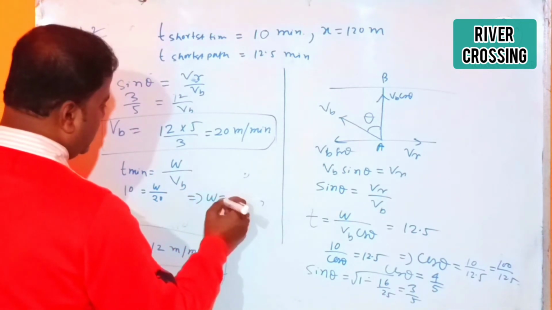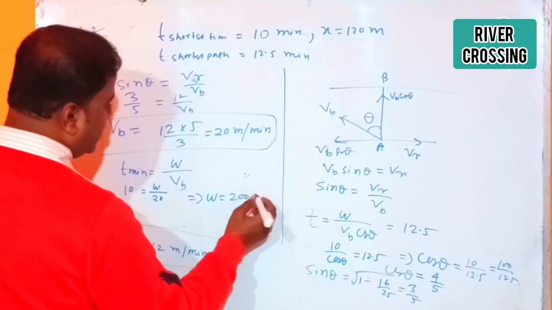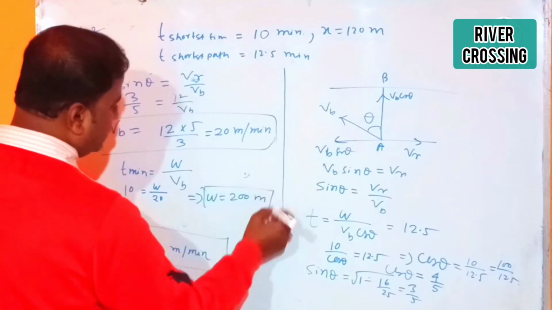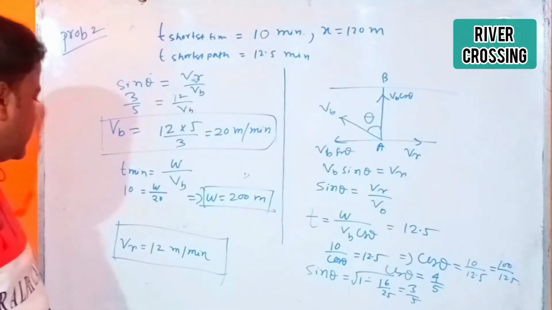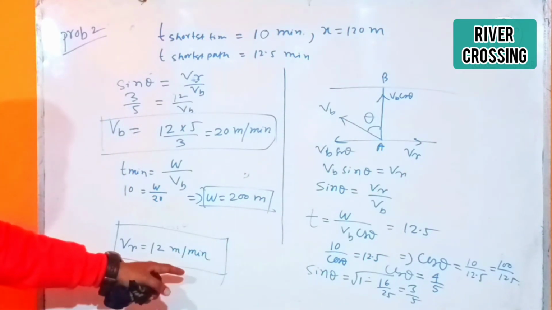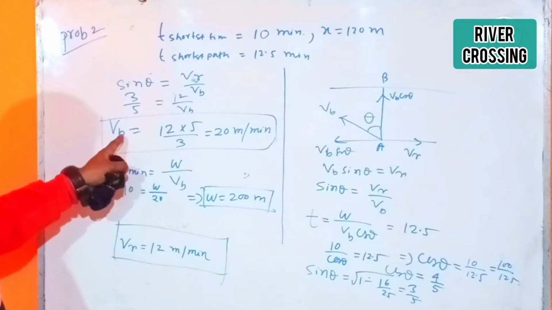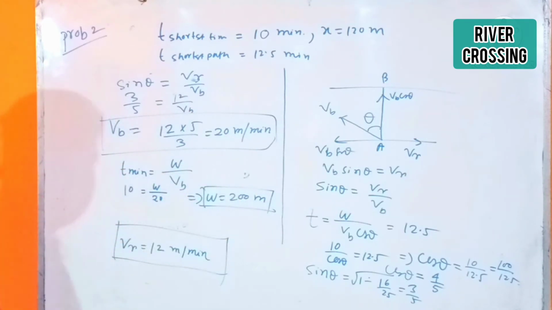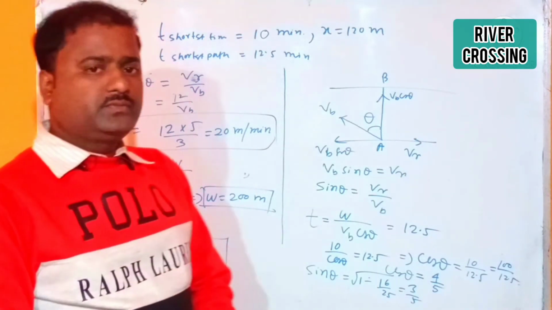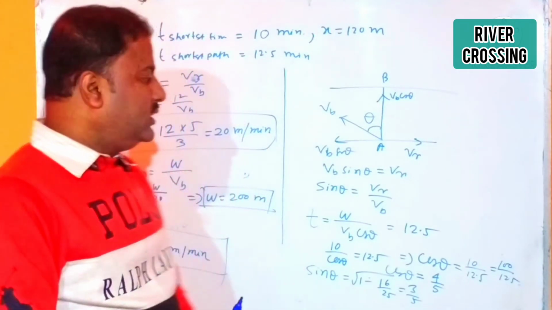Therefore, W equal to 200 meter. These are three answers: river current 12 meter per minute, velocity of boat 20 meter per minute, and the width of the river is 200 meter. Okay, we go for the next problem.